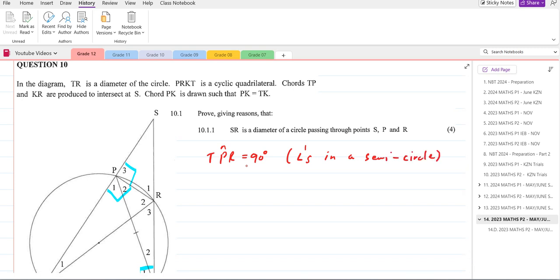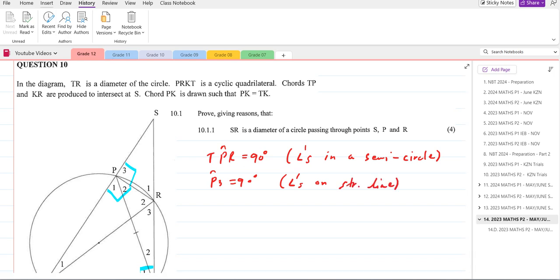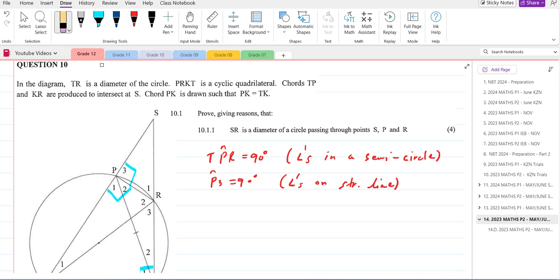Then we know angle P3 is equal to 90 degrees because of angles on a straight line. This implies SR is a diameter. SR is a diameter because we got 90 degrees.